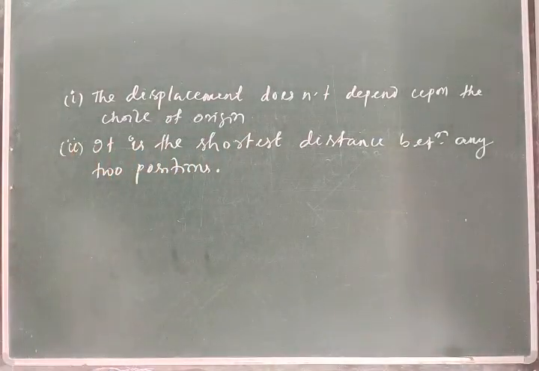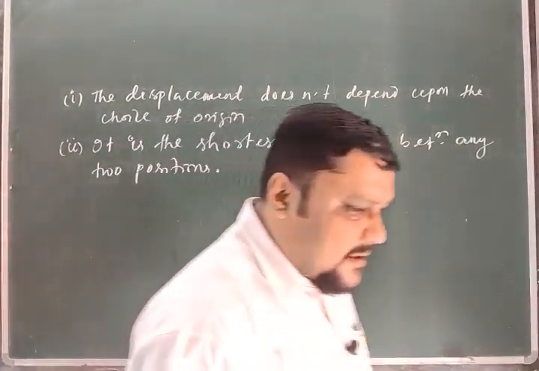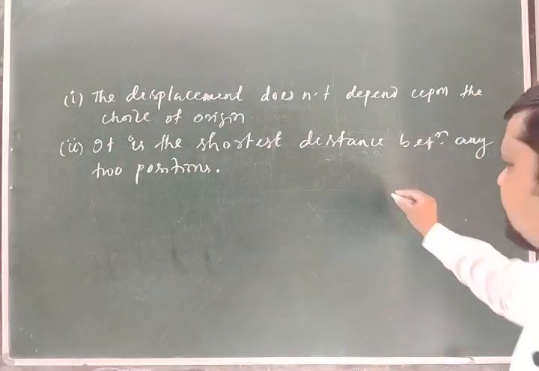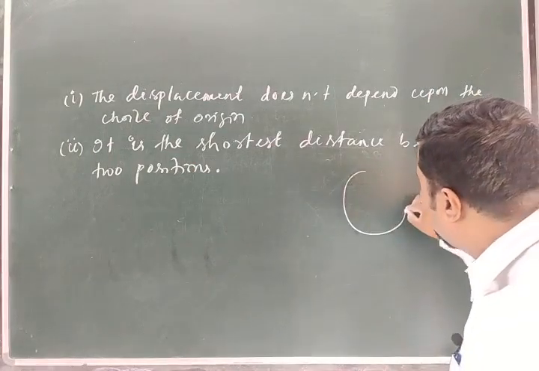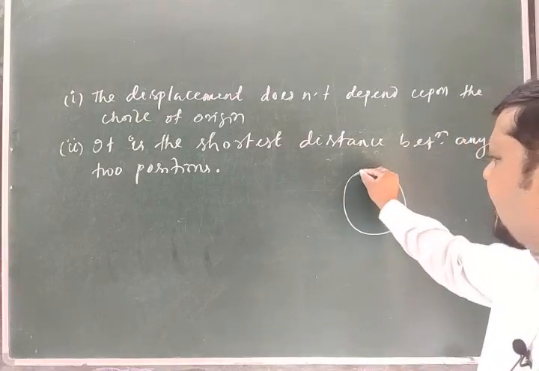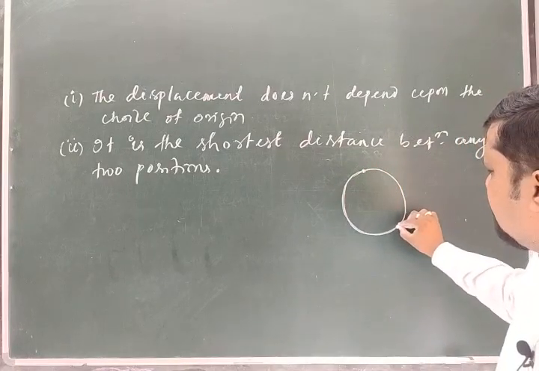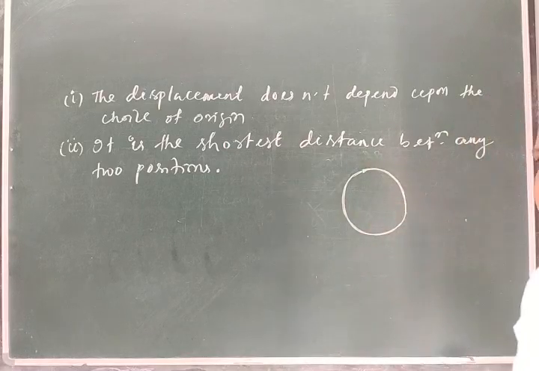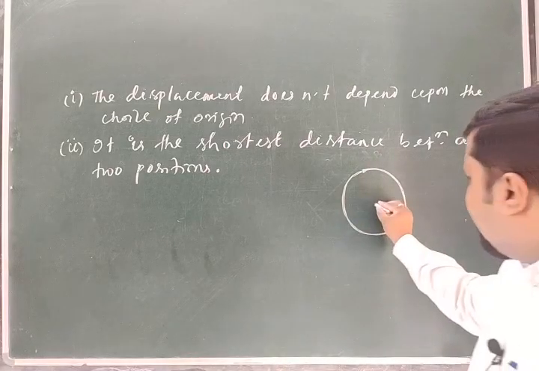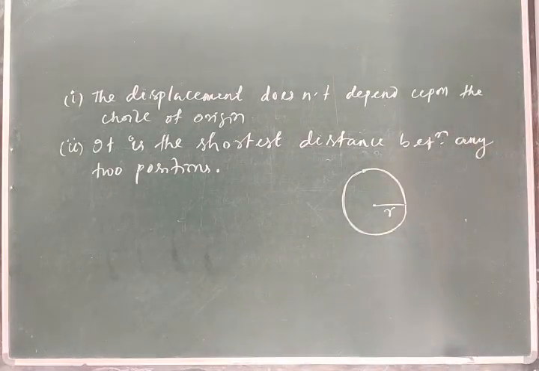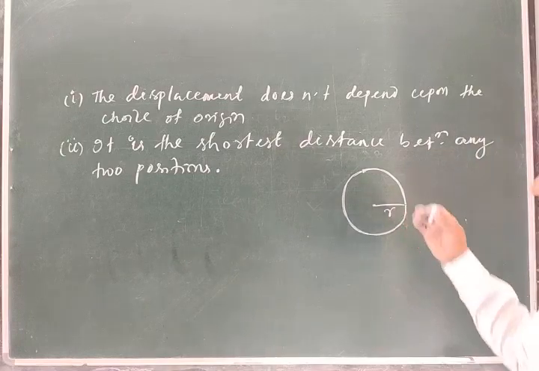Then if I give you an example here, suppose a particle covers one complete revolution in a circular path. It starts from here, rotates in the circular path and reaches the same point. Let the radius of this circular path be r.